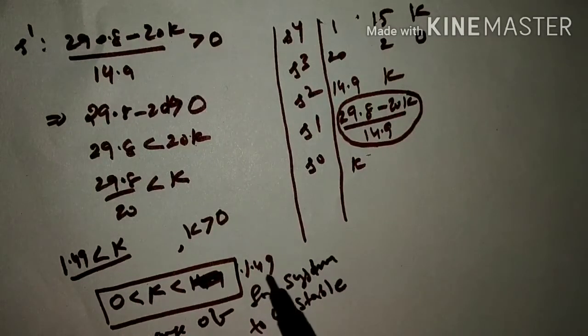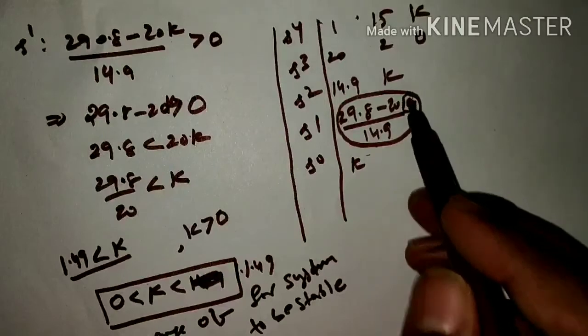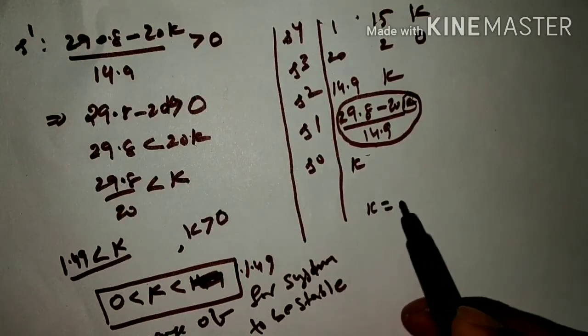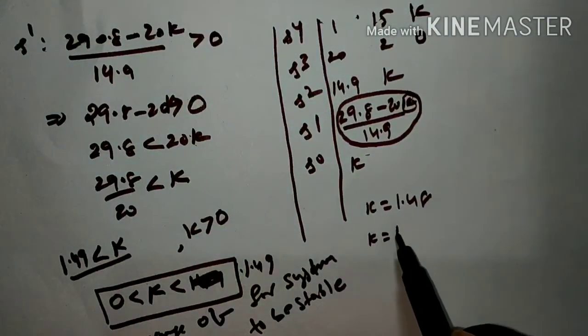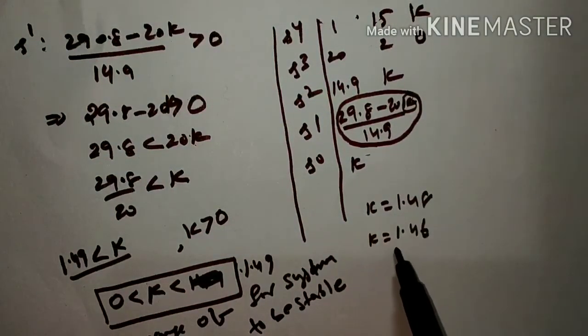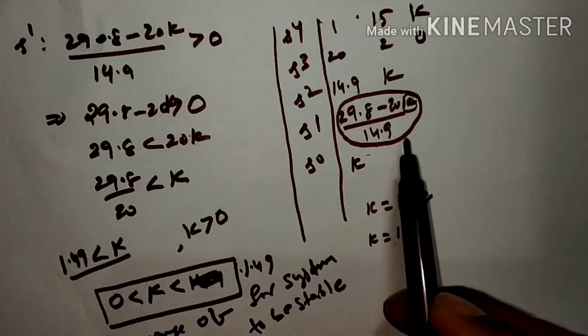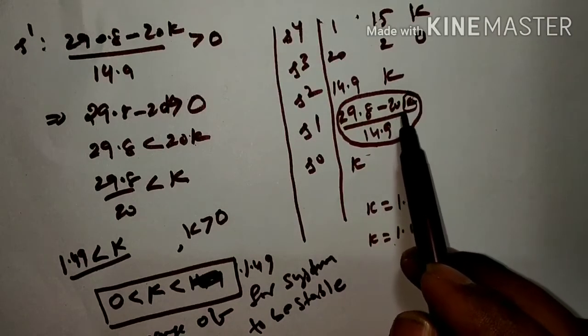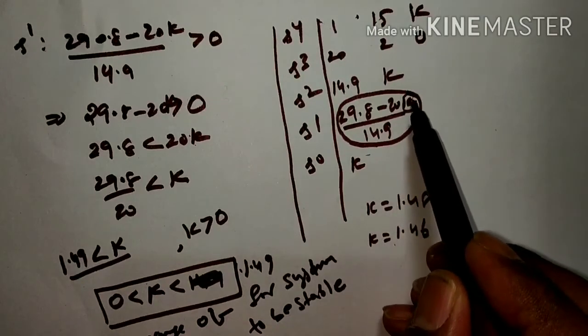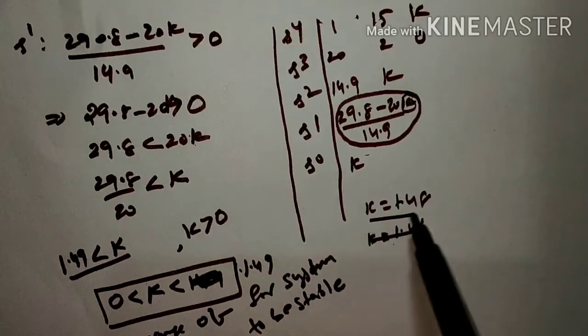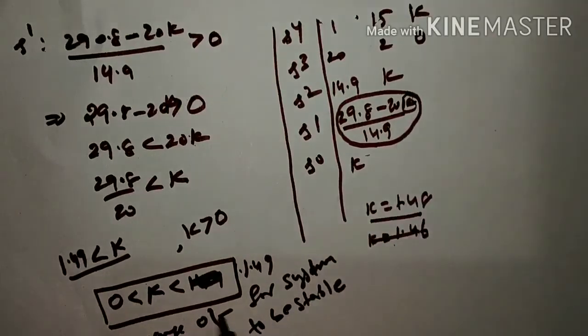So the k value should be less than 1.49.